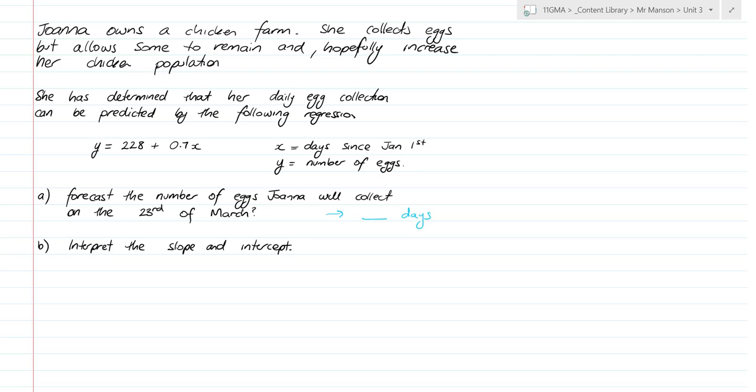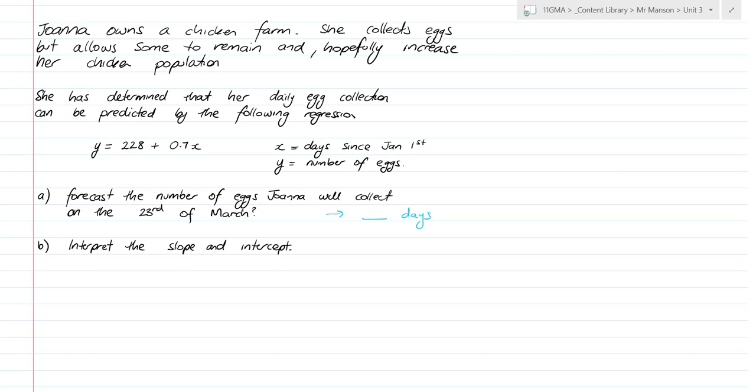So 82 days after the 1st of January is actually the 24th of March. To be honest, in most cases, they'd probably still give you the credit. But be a little bit careful with time, particularly calendar time. If the 1st of January is the first day, well then 1 day after the 1st of January is the 2nd.